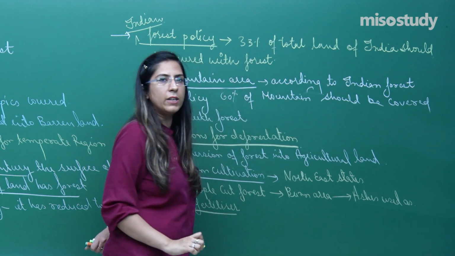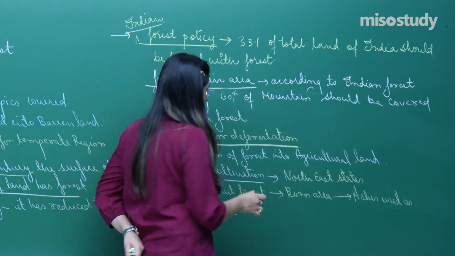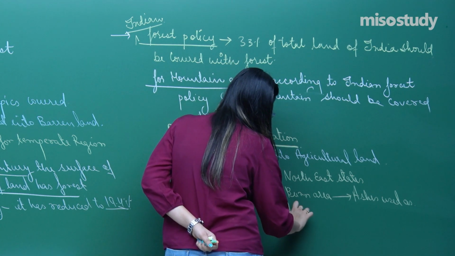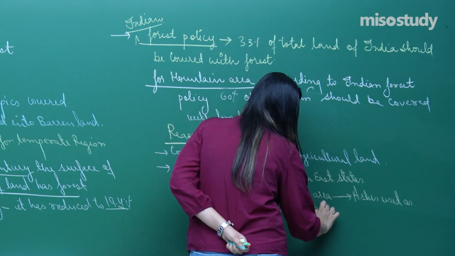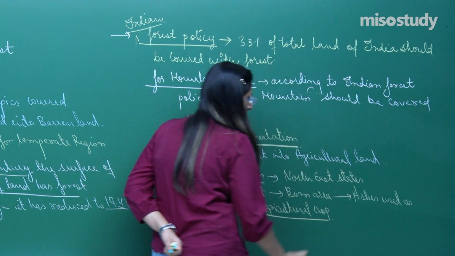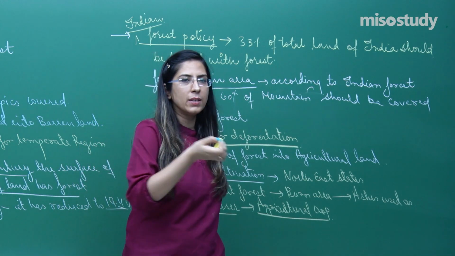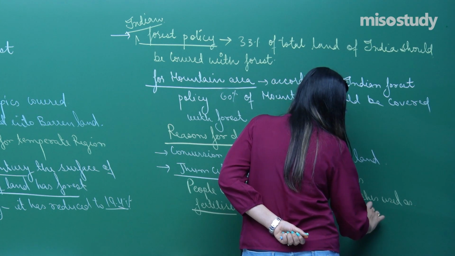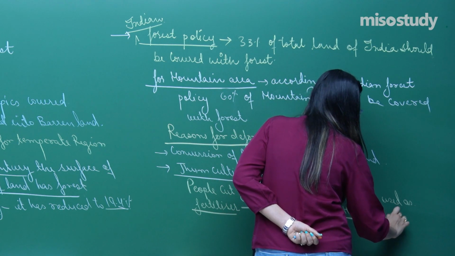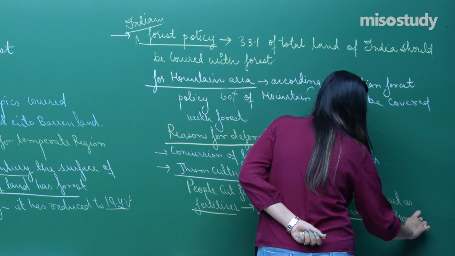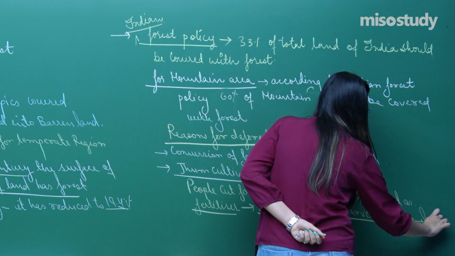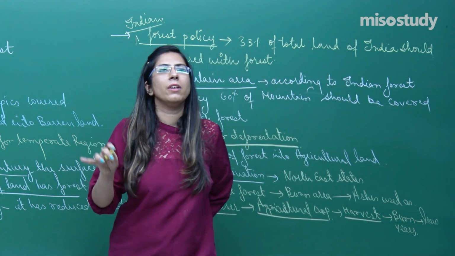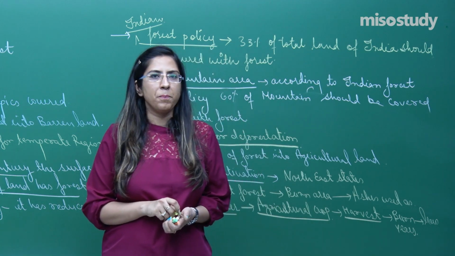Later on they plant their agricultural crop. After they harvest, they leave that place. Then again they burn that area, and they leave that area for years so that it can regain all the nutrient components, right?